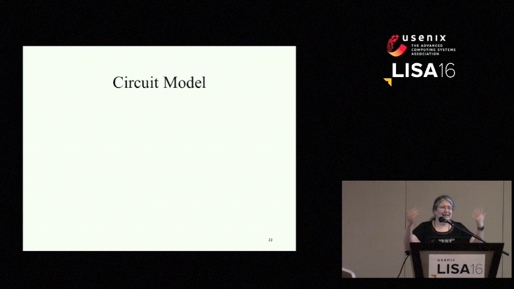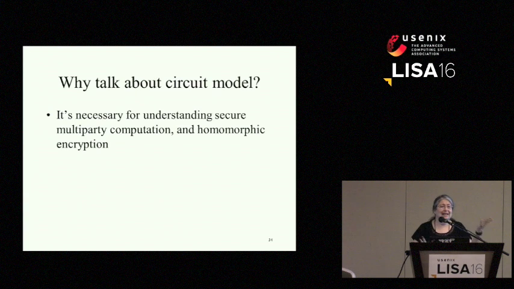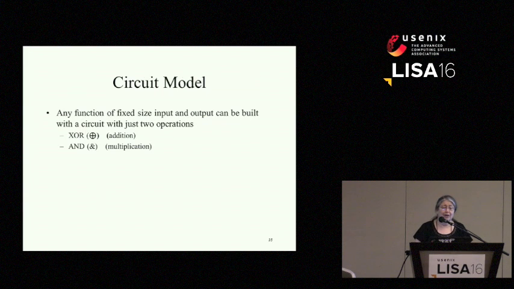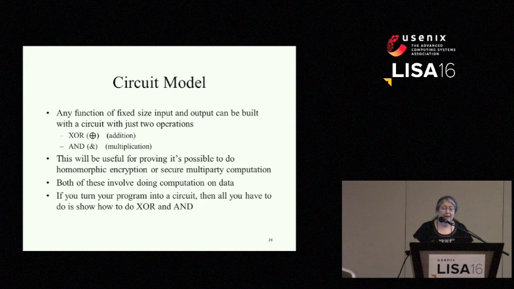Okay, now I'm going to get into the hairy crypto stuff that's impossible to understand, but hopefully I will give you the intuition. There's this thing called the circuit model, which is necessary for understanding the next two things I'll talk about: secure multi-party computation and homomorphic encryption. The circuit model says that any function of a fixed size input and output can be built with a circuit with just two operations, exclusive OR and AND, or addition and multiplication.